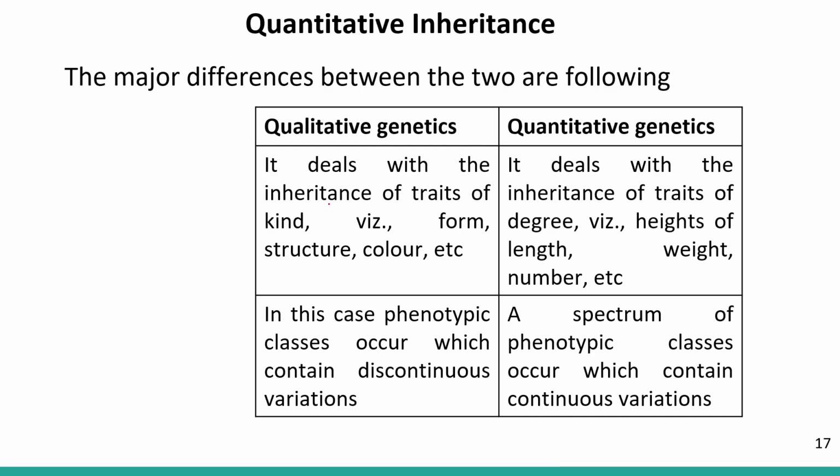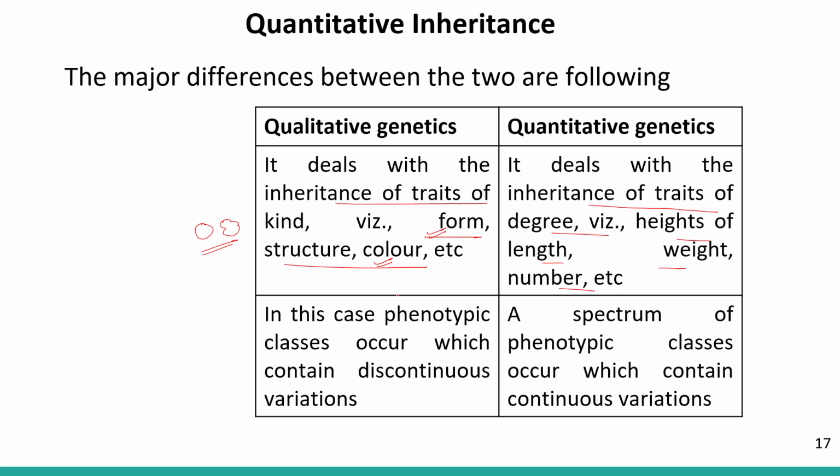Qualitative genetics deals with the inheritance of traits of the kind, that is form, structure and color. We have seen the form of seed, that is the round shape or the wrinkled shape, for example. Quantitative genetics deals with the inheritance of traits of degree, that is height, length, weight and number, also skin color.